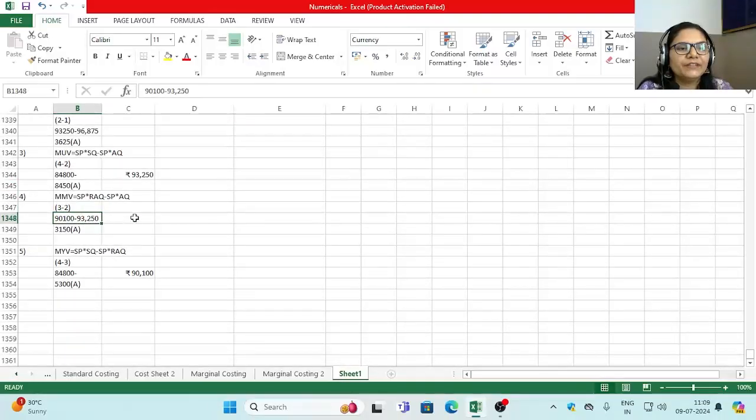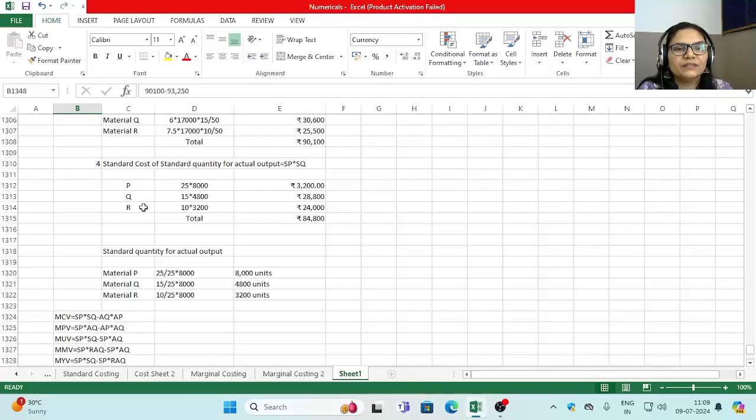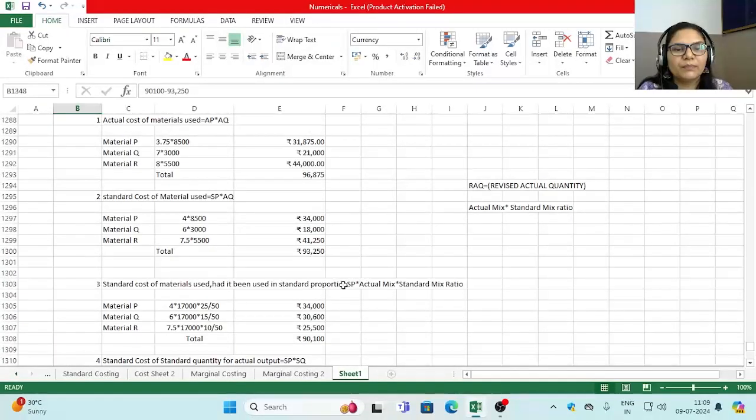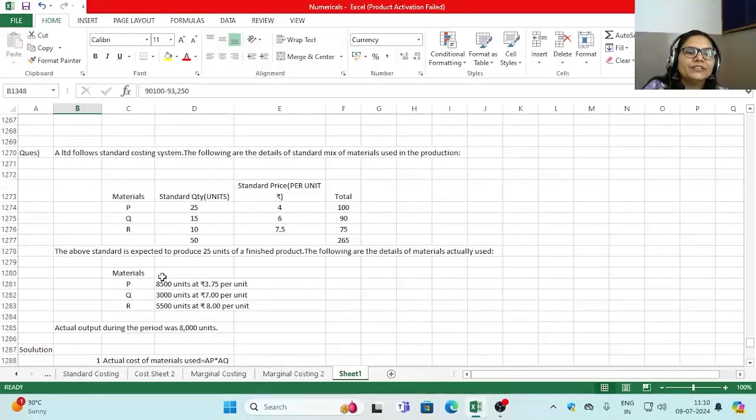Revised actual quantity we have calculated over here. This particular part, actual mix into standard mix ratio, 17,000 into 25 by 50, 17,000 into 15 by 50, 17,000 into 10 by 50, is actually the actual mix, and the actual mix has come from the addition of these actual units.